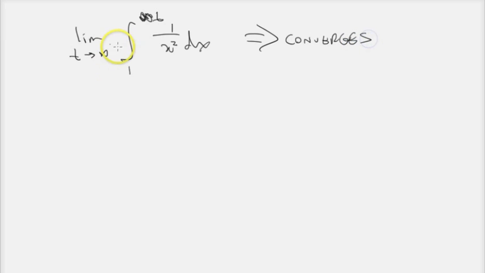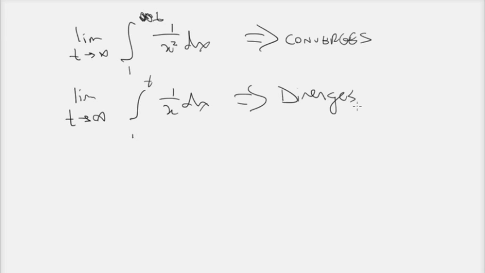A convergent one is the limit as t approaches infinity of the integral between 1 and t of 1 over x squared dx. We'll actually get an area, a definite number out of this. But the limit as t approaches infinity of the integral between 1 and t of 1 over x diverges.